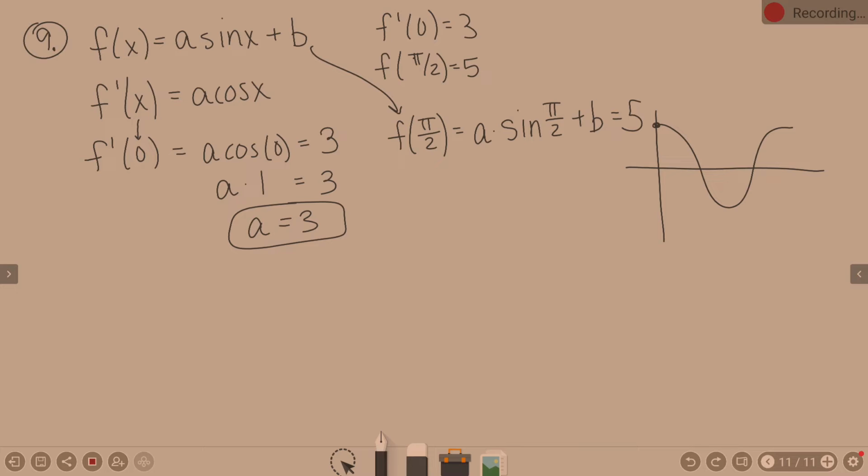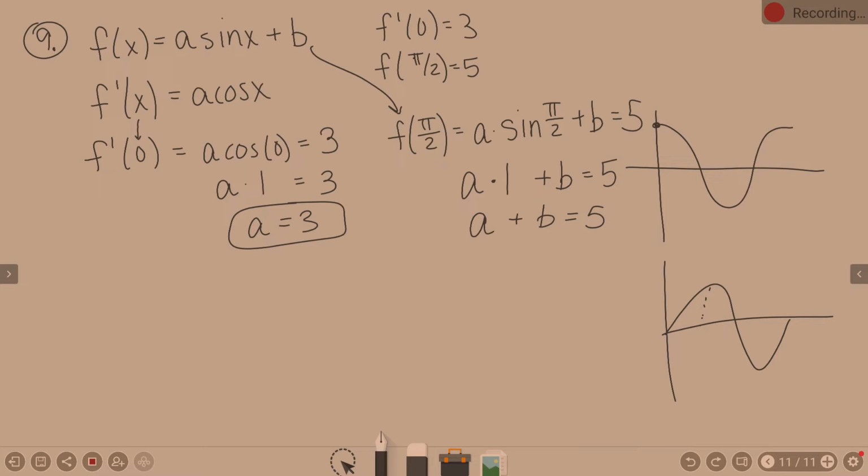Excuse the cosine curve. Now, sine of pi over 2. What's the sine of pi over 2? Also 1, isn't it? So this is going to say a times 1 plus b equals 5. Or in other words, a plus b equals 5.